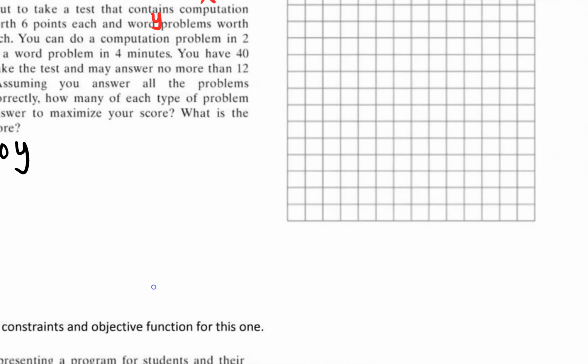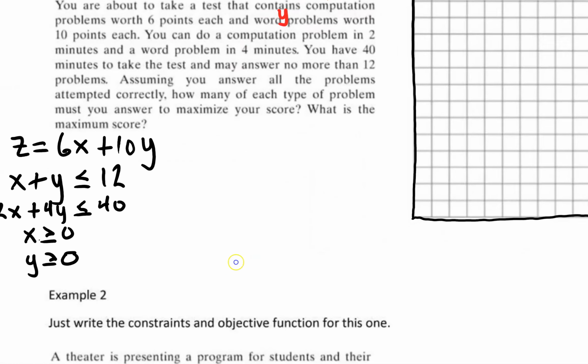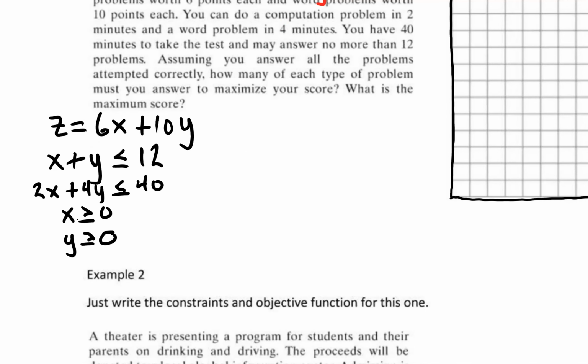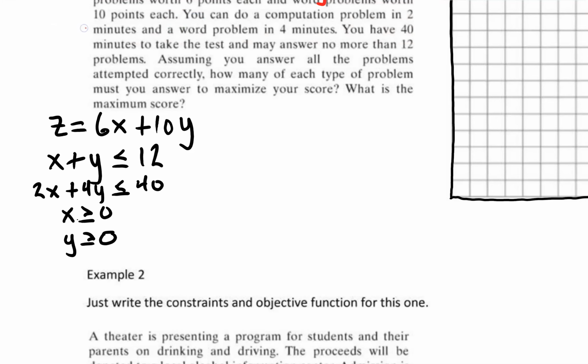So I go over to my picture. I want to create this thing. I'm going to start the same way I've been, and that would be by creating my x and y axis. You don't have to start here. You could start somewhere else, but this is my x and y, and I'm greater than, so I'm in the first quadrant. Then it says I got to graph these two. One way of doing this is just to keep in mind how big the numbers are going to get as you graph.